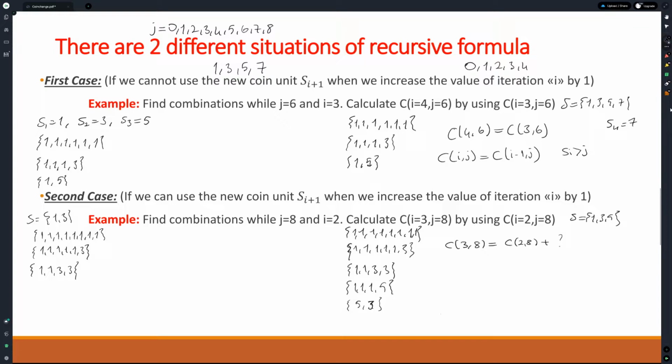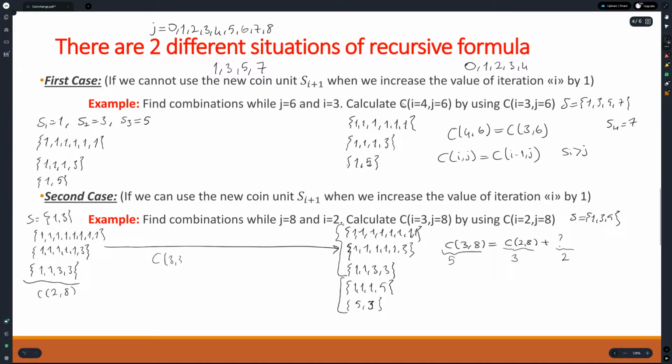So how can we calculate this part? This part includes 5 samples. This part includes 3 samples. So this part includes 2 samples. These samples belong to C(2, 8). So there are new samples which include 5. Let's calculate C(3, 3).